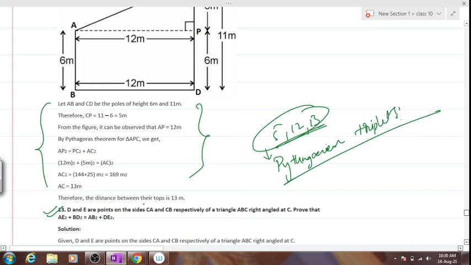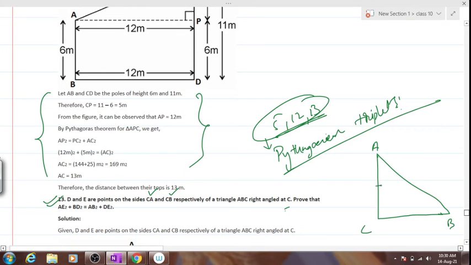D and E are the points on the sides AC and AB respectively of the right angle triangle at C. That means we will have a right angle triangle out here. This is, let's say, ACB. Clear?